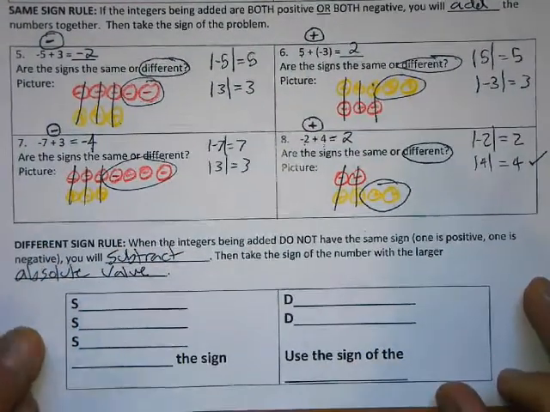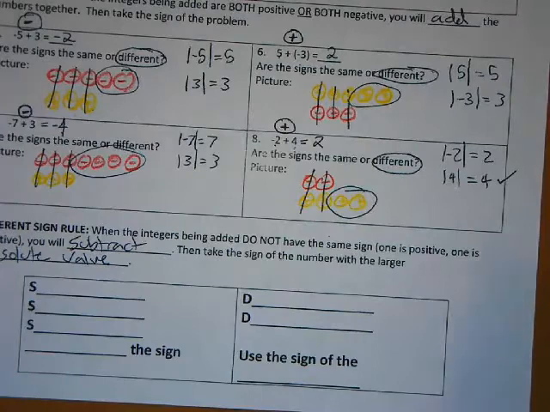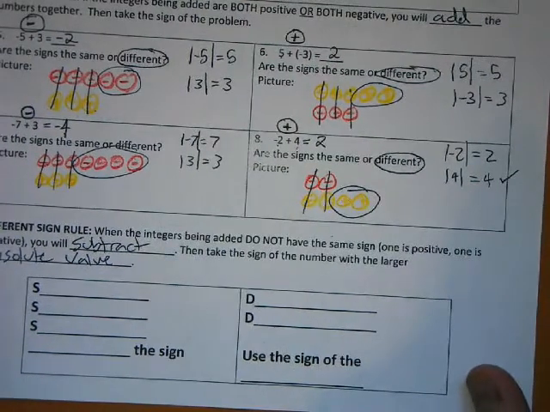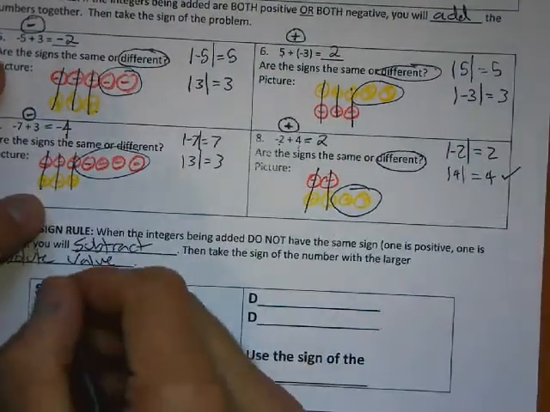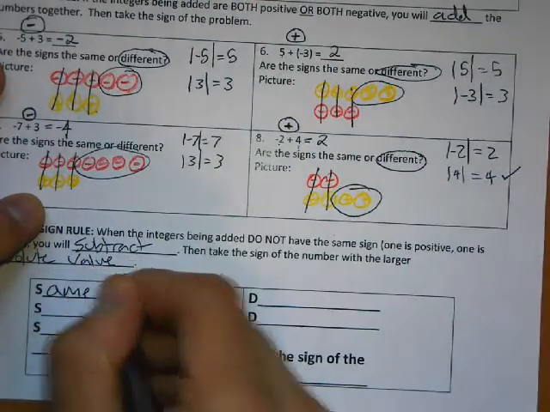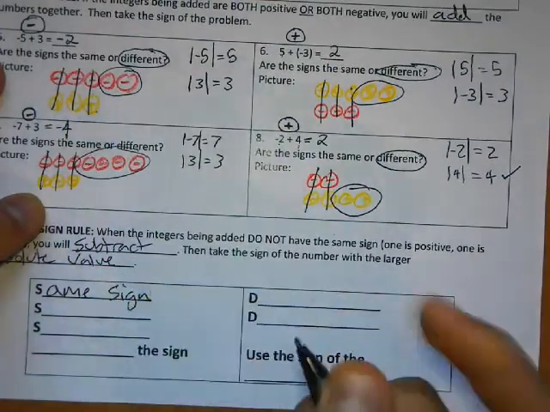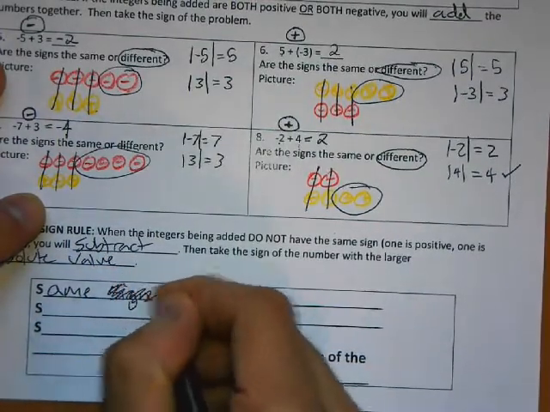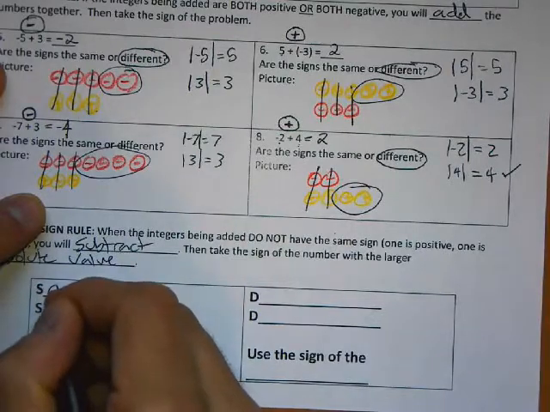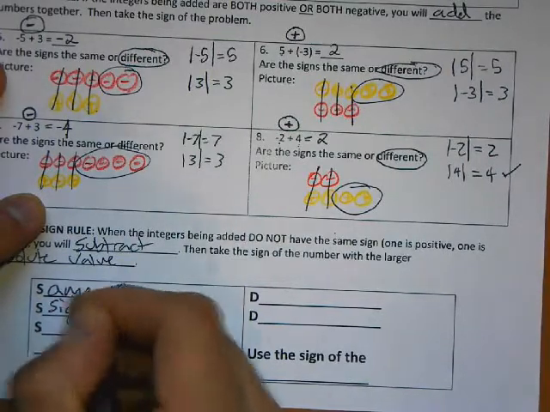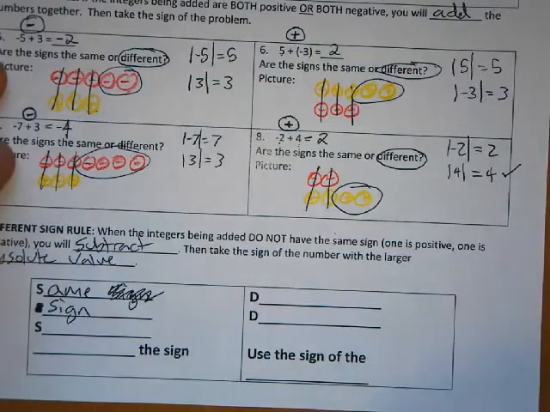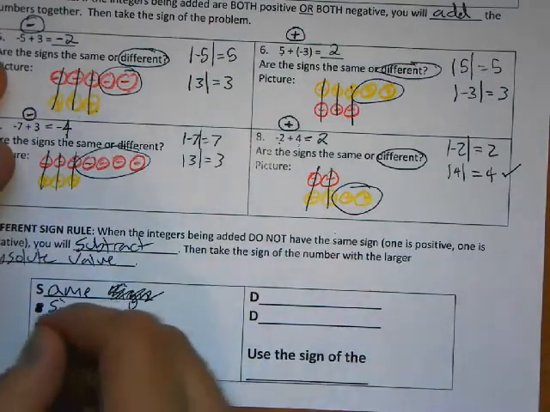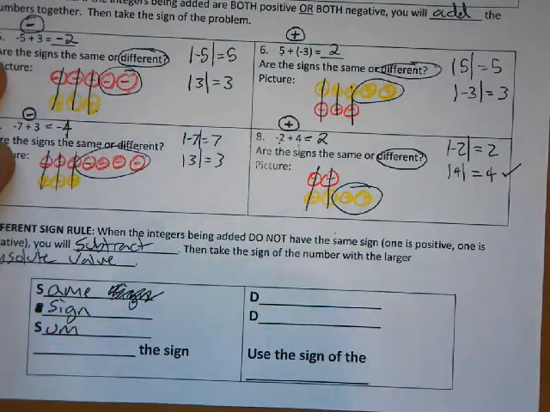Okay, I remember this personally like this. I remember that when the numbers have the same sign, well, actually I do it like this, same sign. Hopefully yours looks better than mine. Then you need to find the sum. That means you add.